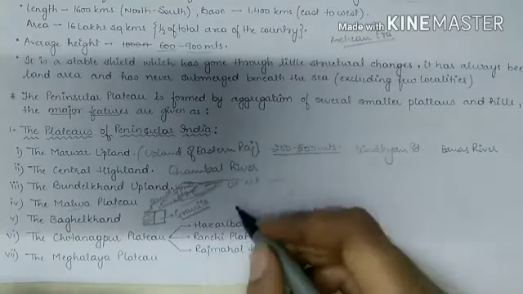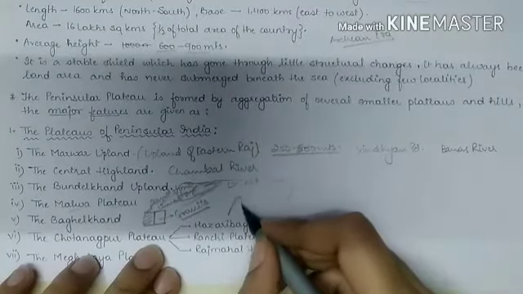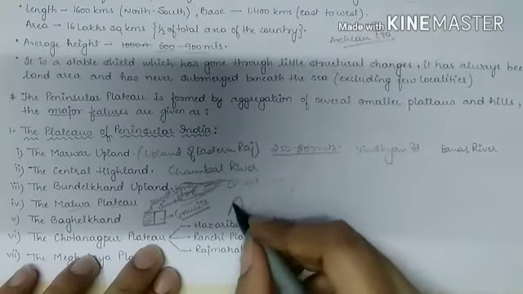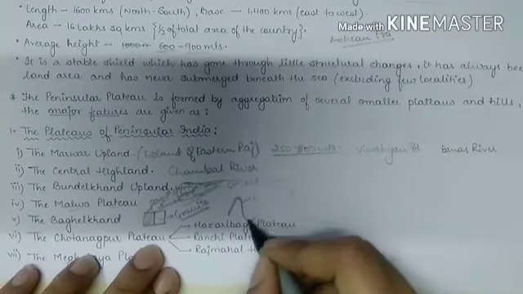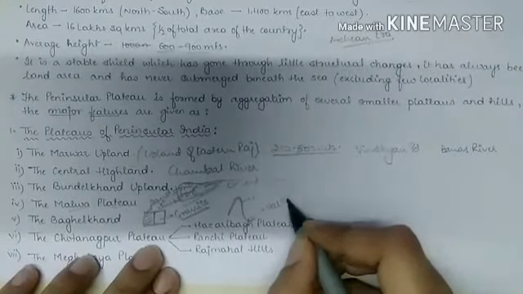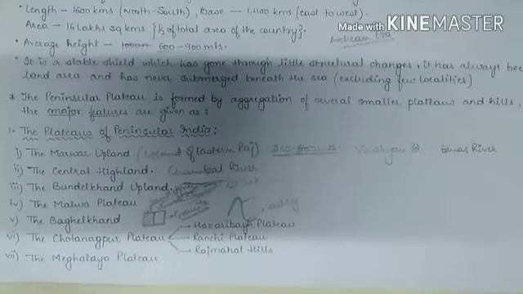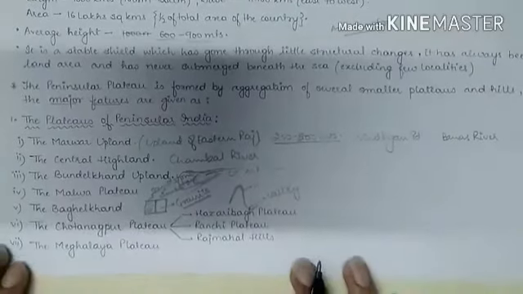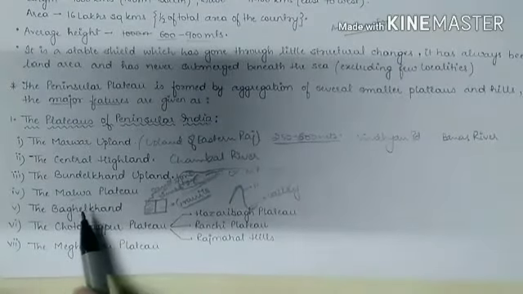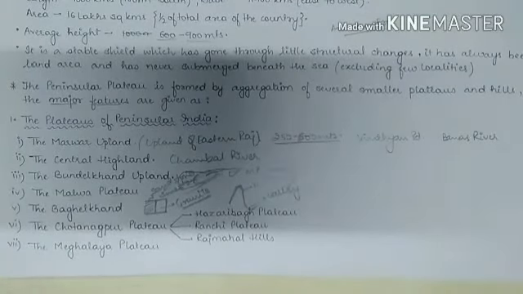So this is our anticline and this is our syncline. Anticline is always a high mountainous region, so this is highland, and this is valley region. Now this area has also not undergone any major disturbances.